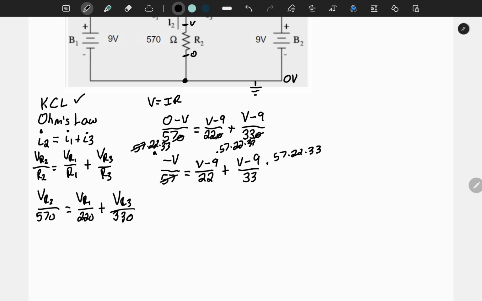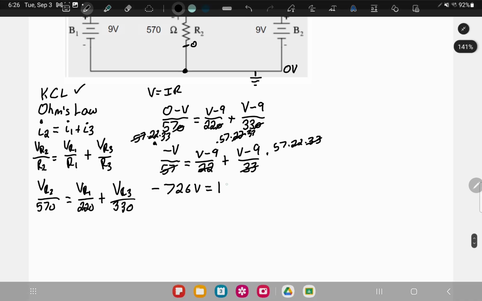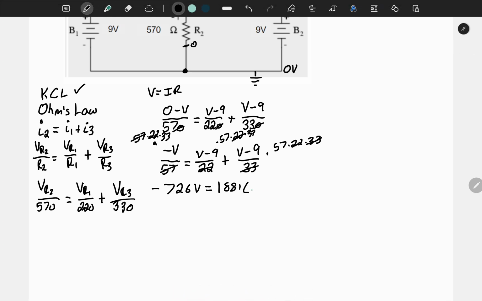So the 57s here cancel out, 22s here cancel out, the 33s here cancel out, leaving us with negative, and I guess plug this in my calculator, 22 times 33, 726V is equal to, this is 57 times 33, 1881 times V minus 9, plus 57 times 22, 1254 times V minus 9.